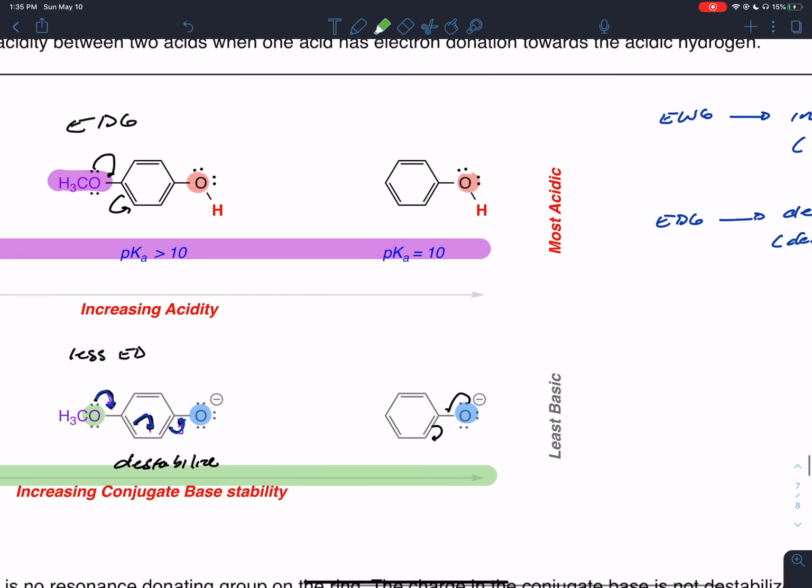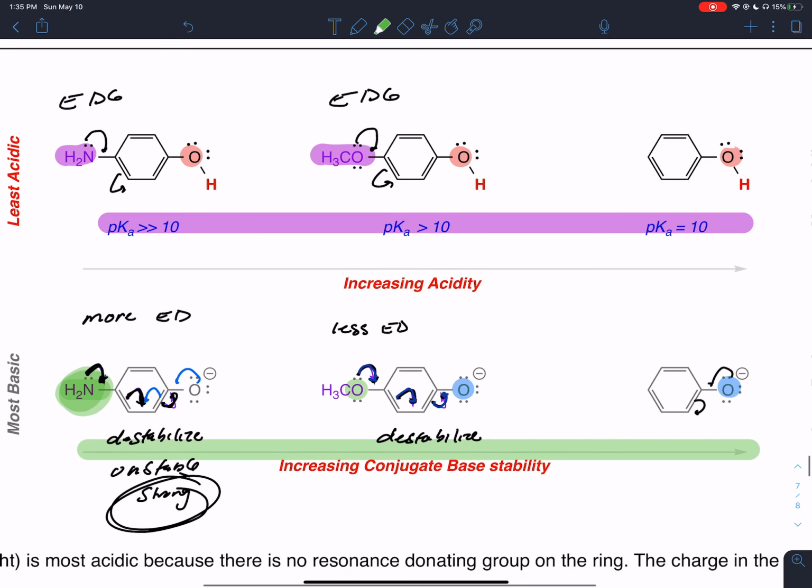And specifically here, we have talked about resonance donation. And in the last video, we talked about resonance withdrawal. Resonance withdrawal increases conjugate base stability and thus enables our acid to be more acidic. Electron donation via resonance decreases acidity. Why? Because it destabilizes the conjugate base.